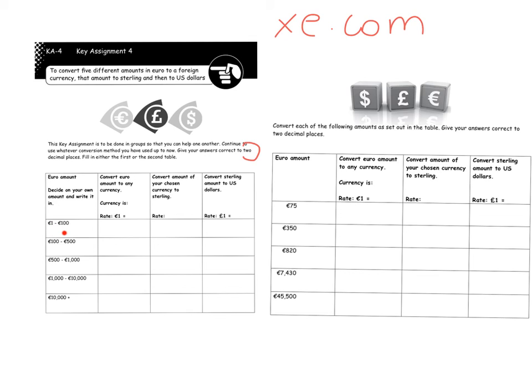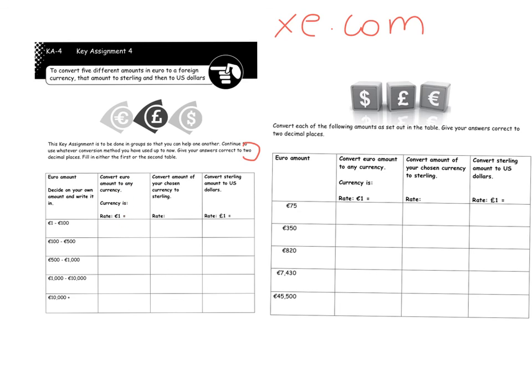So let's say here you might put 20 or 50 or 100 or even 1. Here you need to put 10,000 or more. This is the only difference between them. So you can pick the one that is given for you, or you can decide on your own how much you want to convert. In the first column, you need to convert euro to any currency.